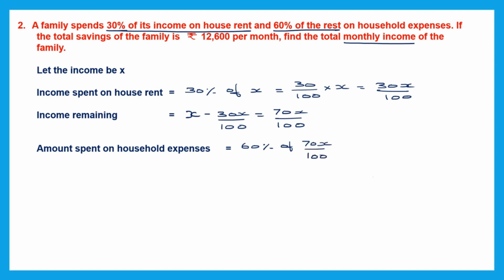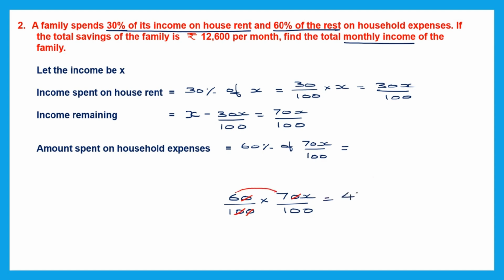So let's calculate this also and see. So 60% means 60 by 100. Of is into 70x by 100. Let's slowly cancel what we can. So I can cancel this and this, and I can cancel this and this also. Now multiply 6 into 7 is 42.